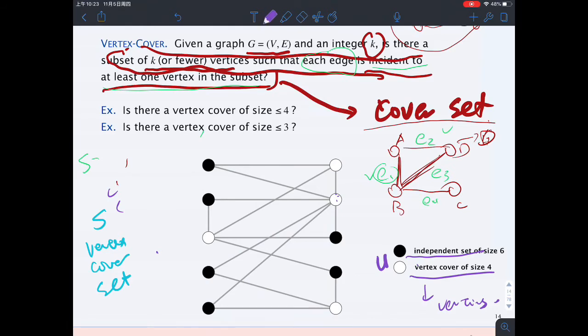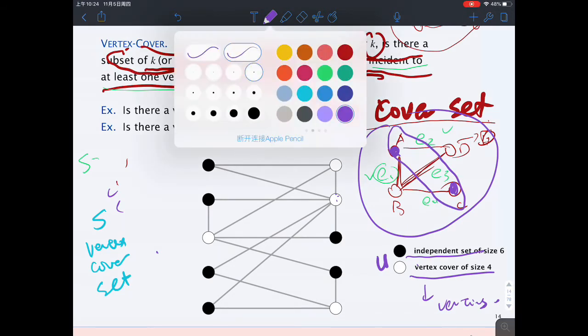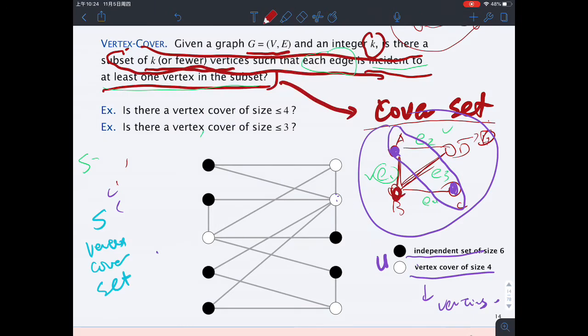Say we look at this as an example. We can use A and C as one independent set. If I look at the complement, which is B and D, the question is whether B and D is a vertex cover.